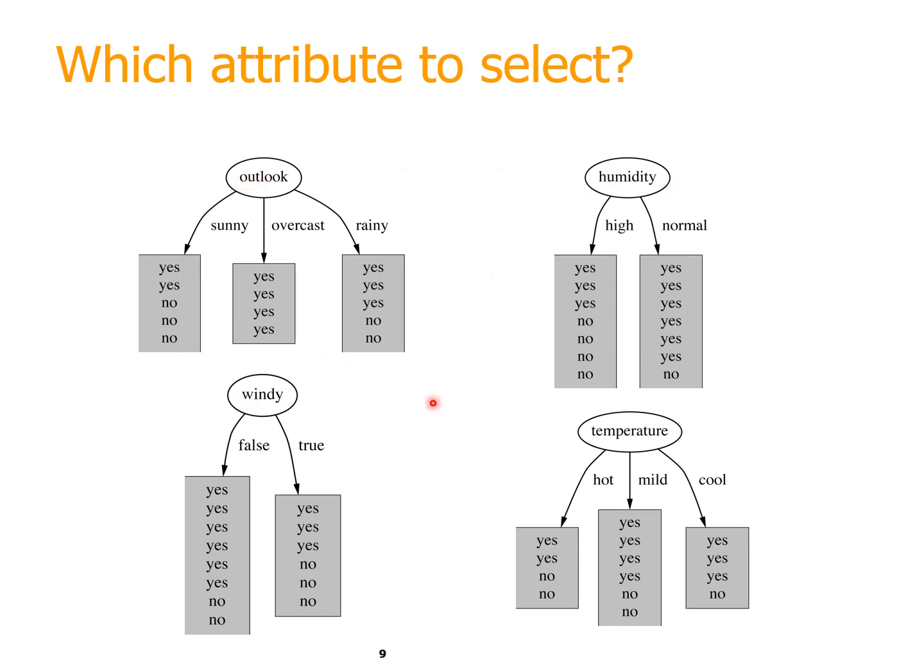Outlook has 3 values, so it has 3 branches, and for each value, these are the distributions of class values. For example, when outlook is sunny, there are 2 yes and 3 no's. When outlook is overcast, everything is yes. This is very good actually. And when outlook is rainy, we have 3 yes and 2 no, etc.